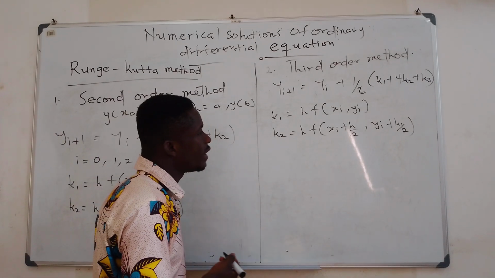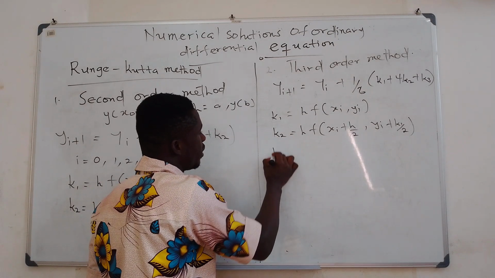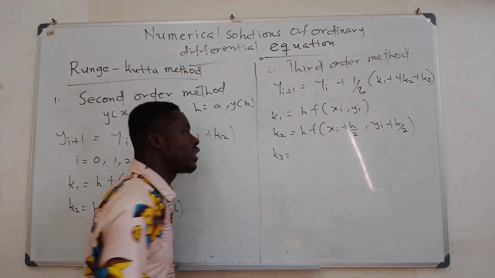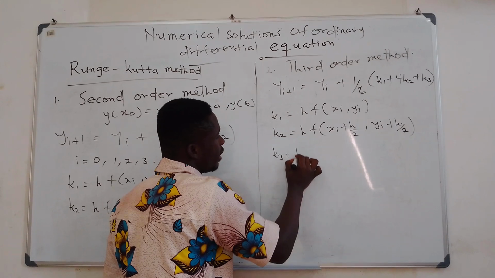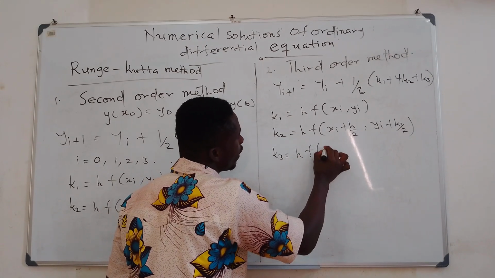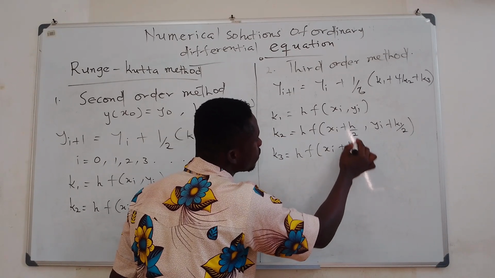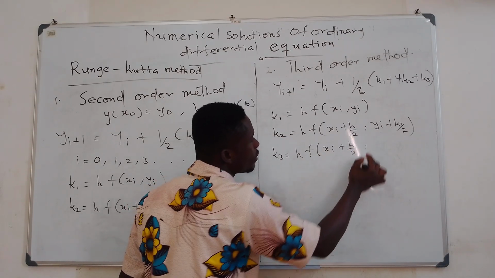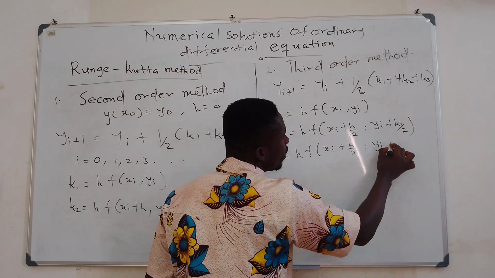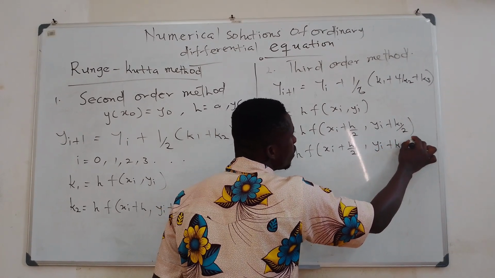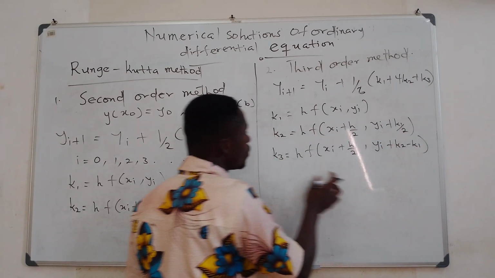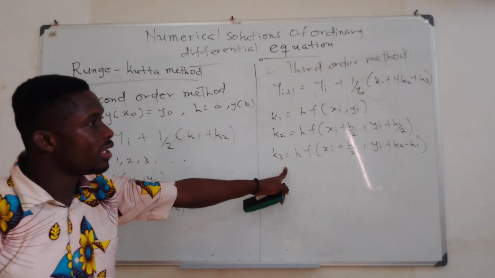Now, how do we find our k3? We find k3 as h of f of xi plus h, yi plus 2k2 minus k1.